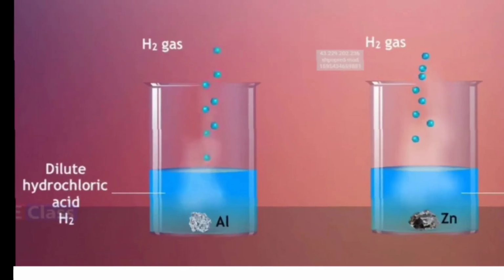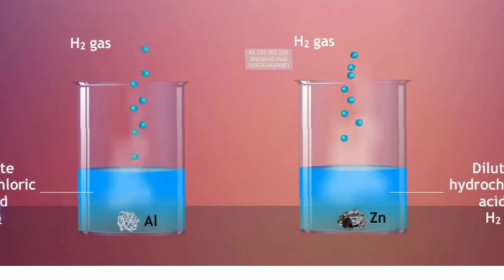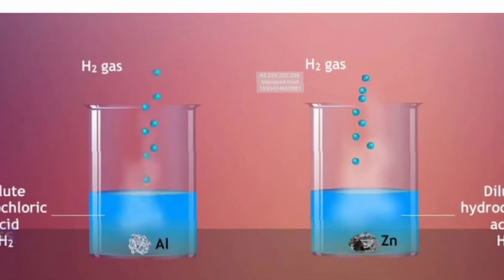Let us observe this. Now you have here dilute hydrochloric acid and two metals, aluminium and zinc. Both of them react with the hydrochloric acid and liberate hydrogen gas. Another product is the water soluble salt of that particular metal.